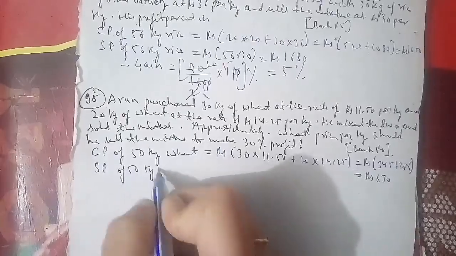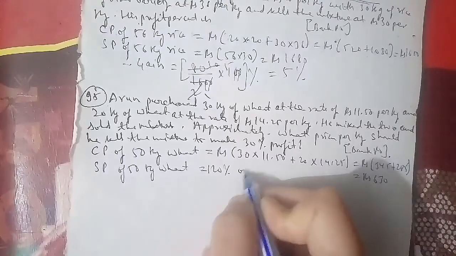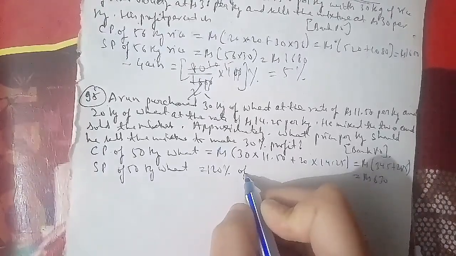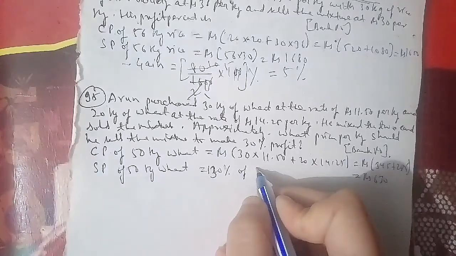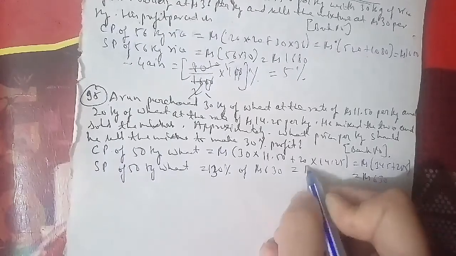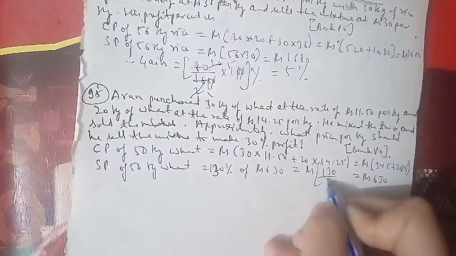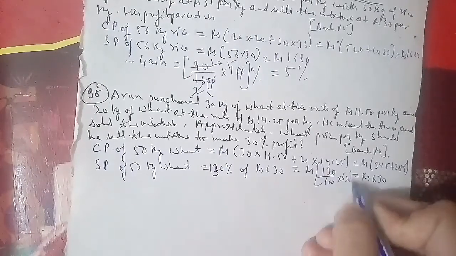Now the selling price of 50 kg wheat is 130% of rupees 630, which equals rupees 130 upon 100 into 630.